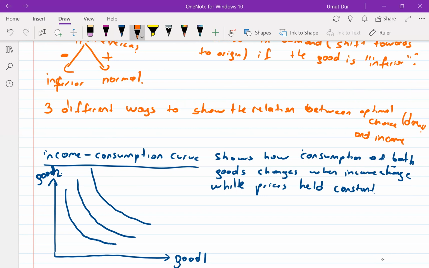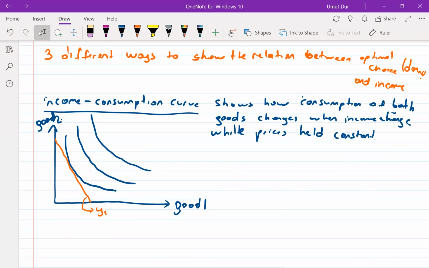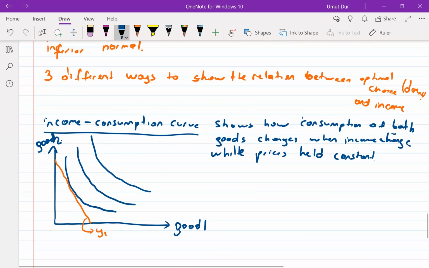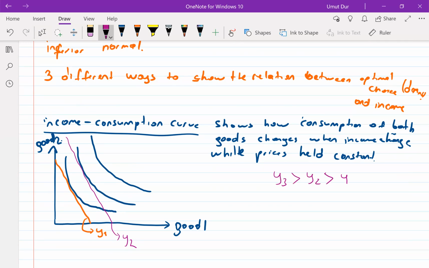Suppose that our income level is corresponding to this orange line first, let's say this is Y1. And suppose that we have this purple one, which is the case where our income increases. So here Y3 is greater than Y2 is greater than Y1.